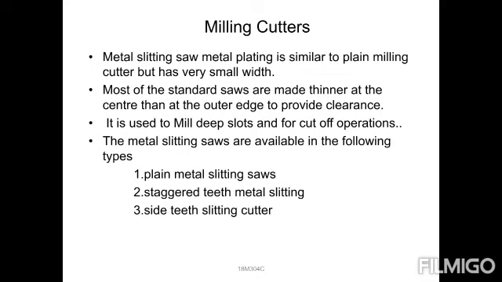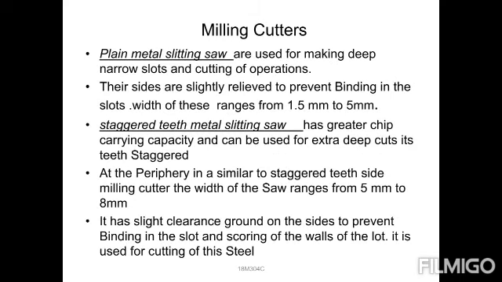The saws always range from 1.5 mm to 5 mm, which is the maximum size of a milling cutter, especially a slitting cutter. Plain metal slitting saws are used for making deep narrow slots and cutting operations.